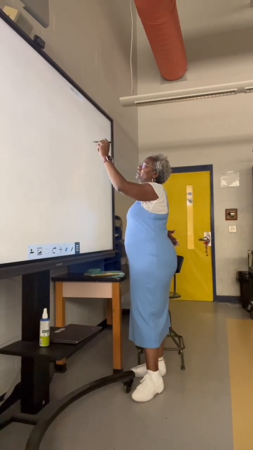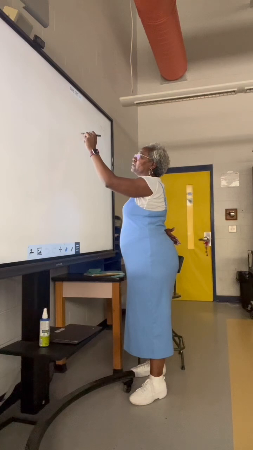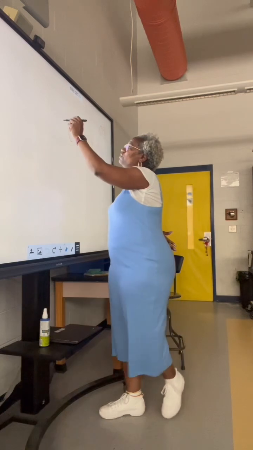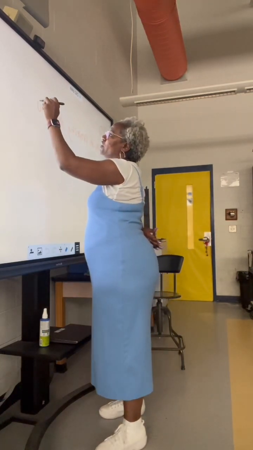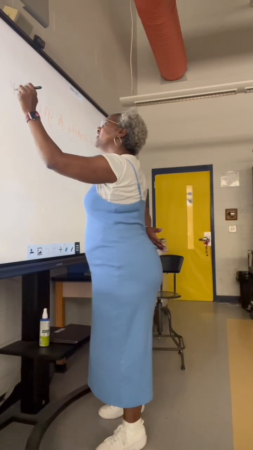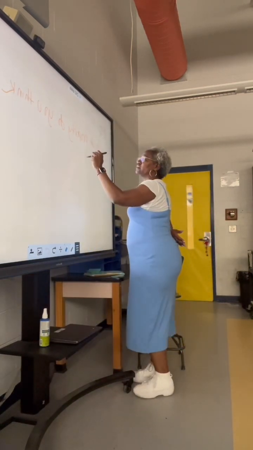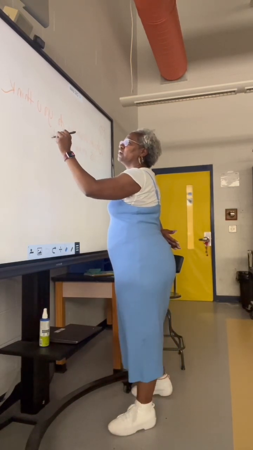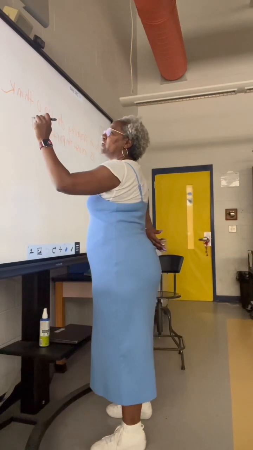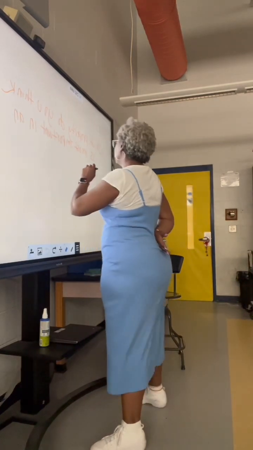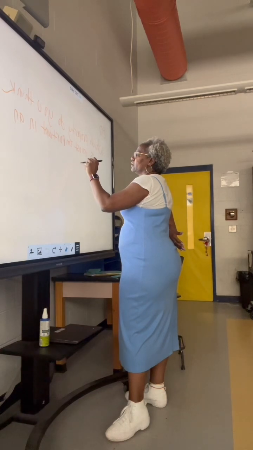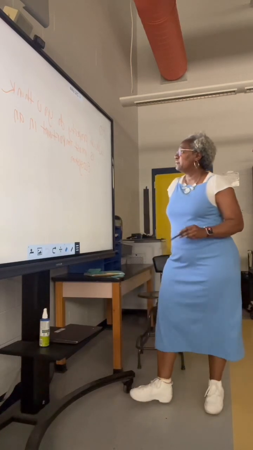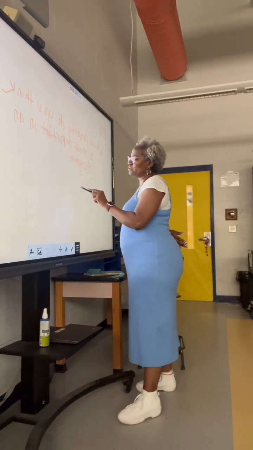Which property, and we're talking about the ones we just talked about, do you think is most important in an ecosystem, or for an ecosystem? And I want you to explain why you chose that one.